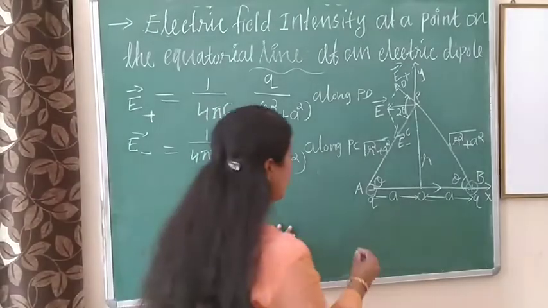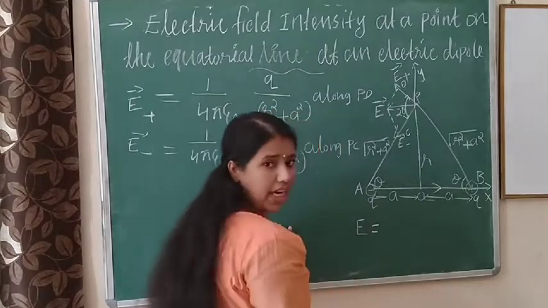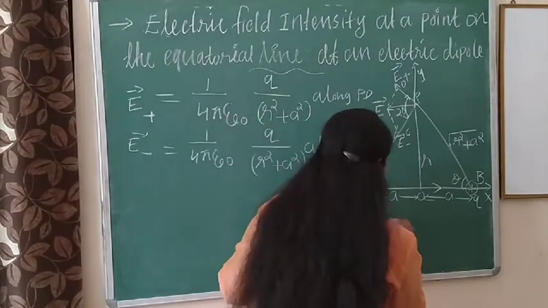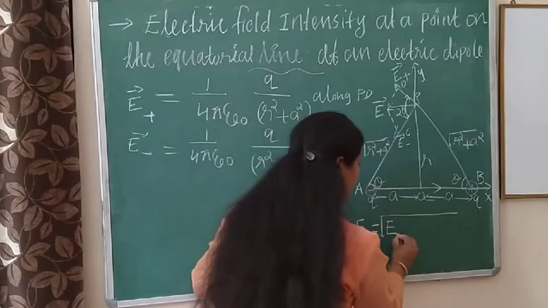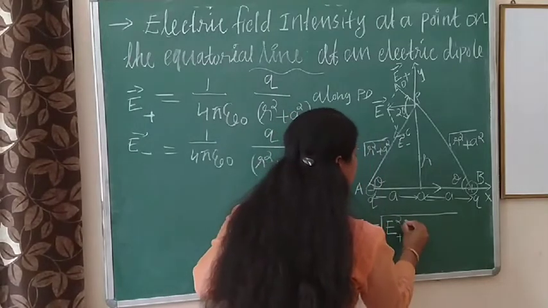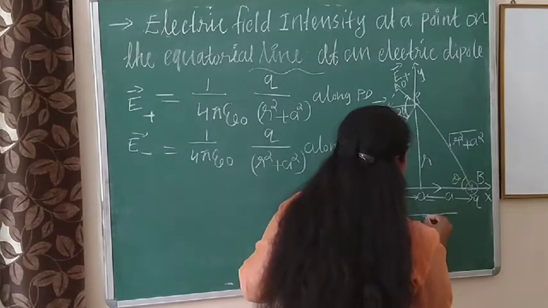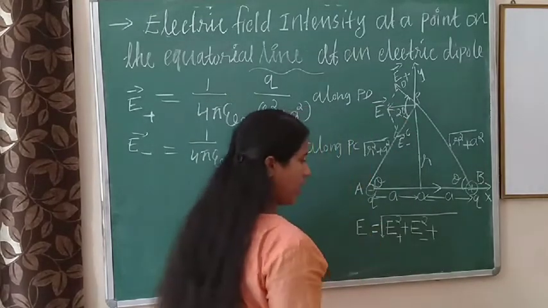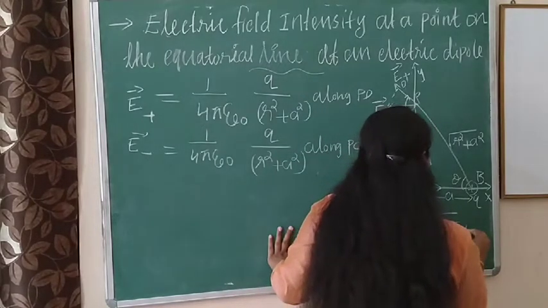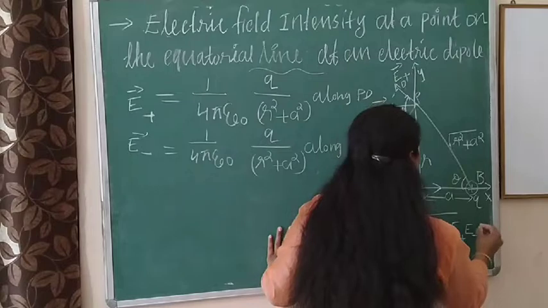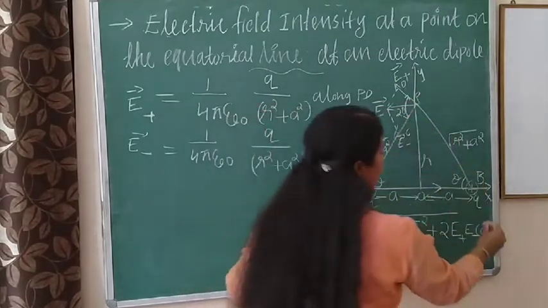Okay. Then for the total electric field, E square is equal to E plus square plus E minus square plus 2 into E plus into E minus cos of the angle, which here is 2 theta.